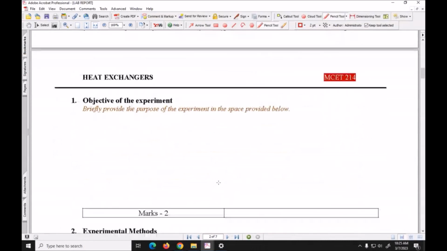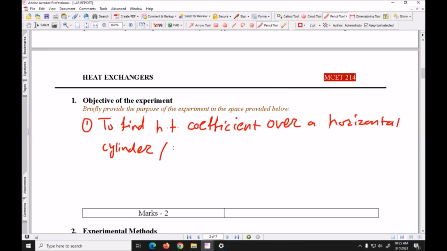Now, the objective of our experiment, everything depends on the objective. First, you know the objective, then we can write the complete report. So first, our objective is to find out the heat transfer coefficient over a horizontal cylinder or vertical flat plate by forced convection.